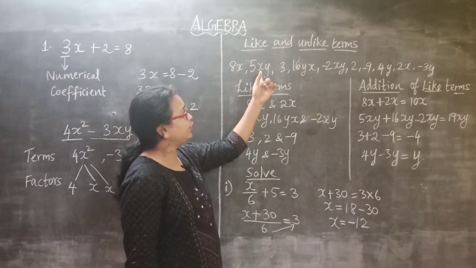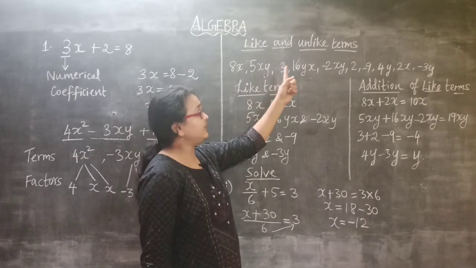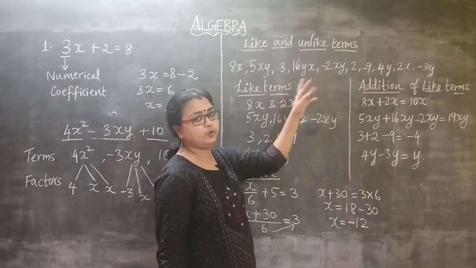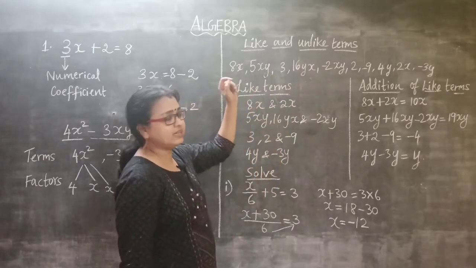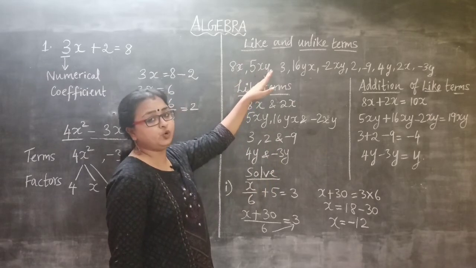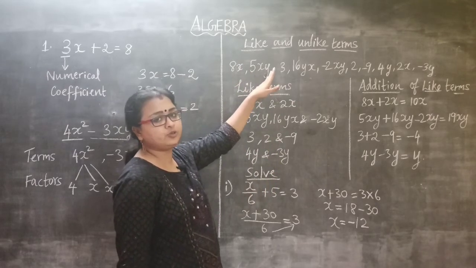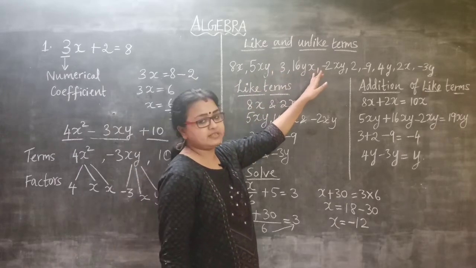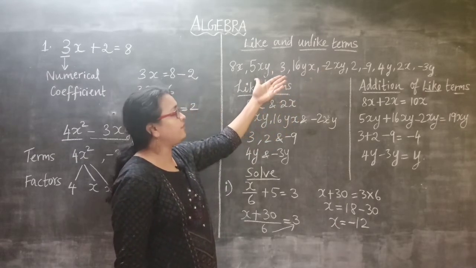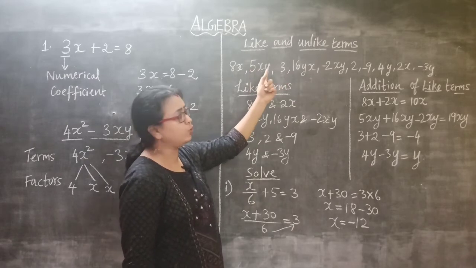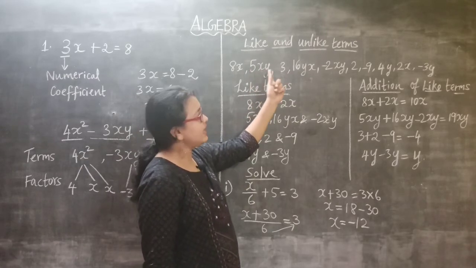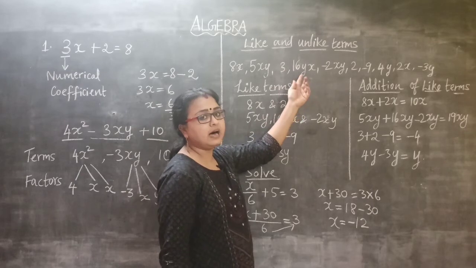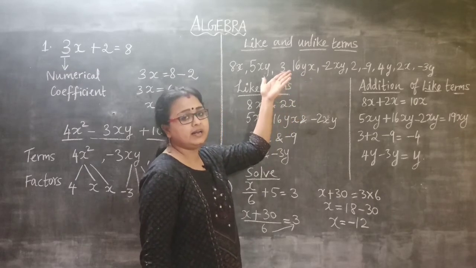Because it is 5 into x into y, but here it is 16 into y into x. For example, 2 into 3 is 6 only, right? Similarly, 3 into 2 is also 6 only. In the same way, 5 into x into y, that is 5xy, and 16yx are same. So these two are like terms.